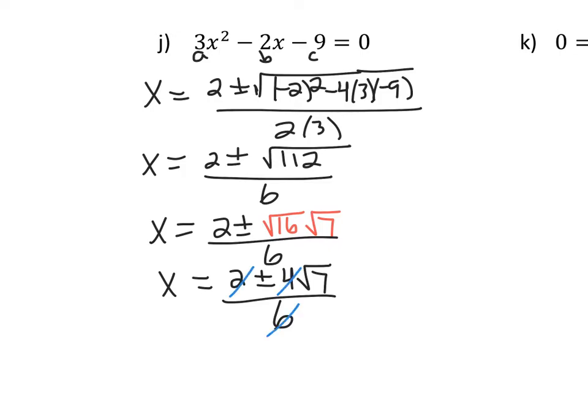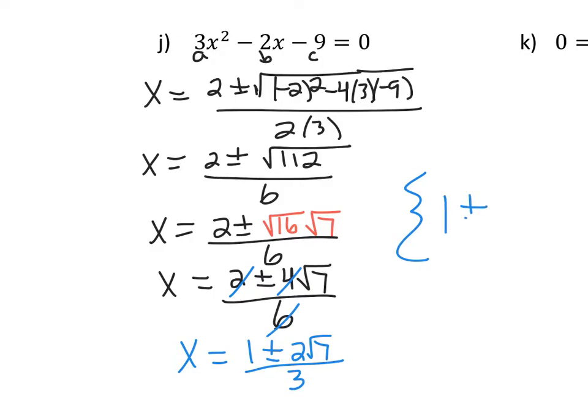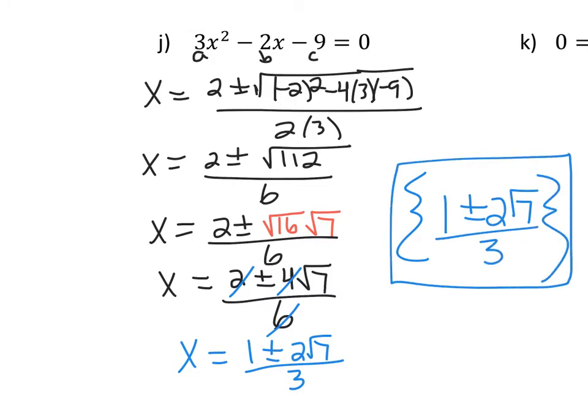If I divide each of these by 2, I am left with 1 plus or minus 2 radical 7 all over 3. And those are your roots. We can leave it just like this, because our roots are 1 plus 2 radical 7 over 3 and 1 minus 2 radical 7 over 3.